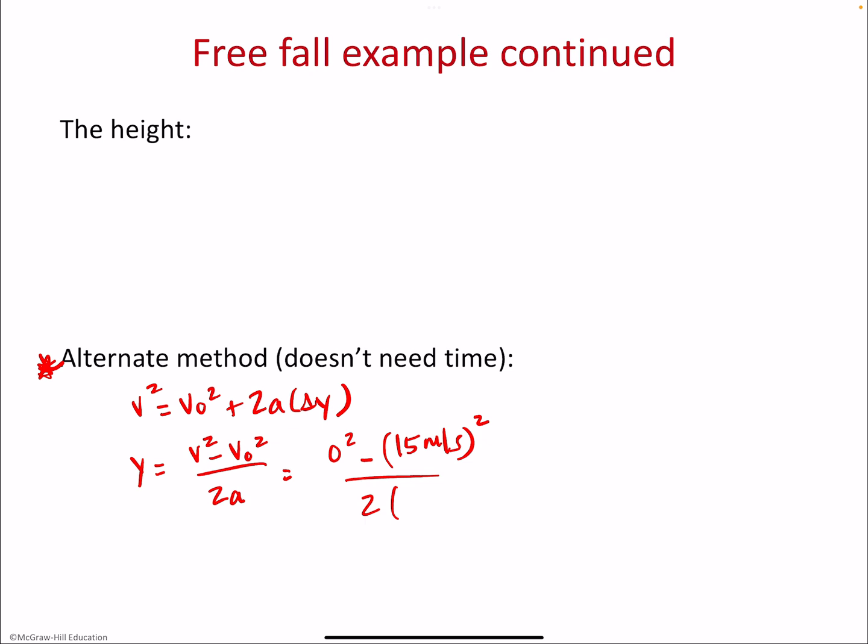Gravity's always pulling down, right? If gravity started to pull up, that would be weird. Does that mean it's always negative? It's always negative. Okay, so what do you get? 11.5-ish meters.